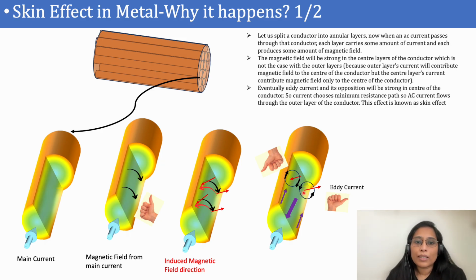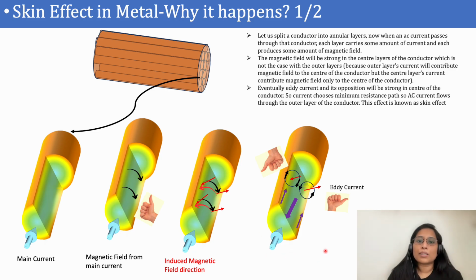Here we can see that at the middle of the conductor, the direction of the induced current is opposite to that of the actual current. This current direction is opposing the actual current. But at the ends, you can see the direction of the current is the same as that of the original current.